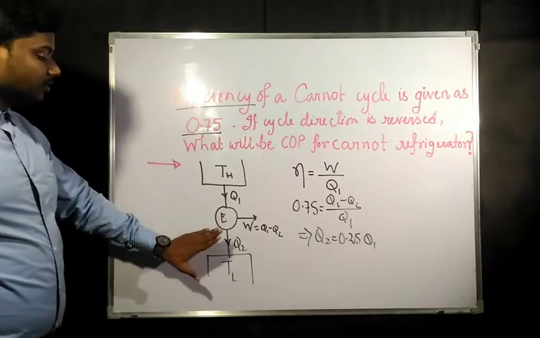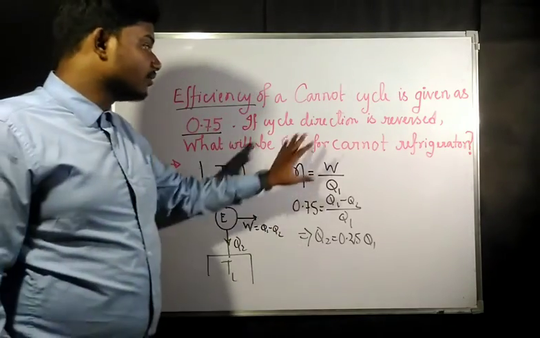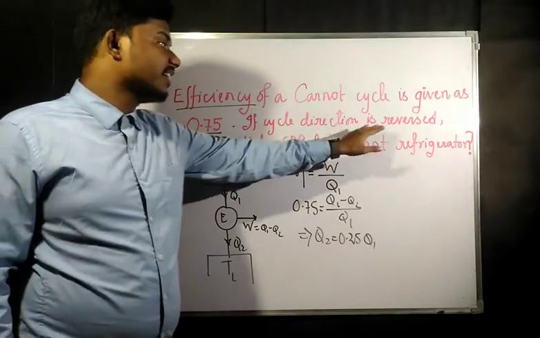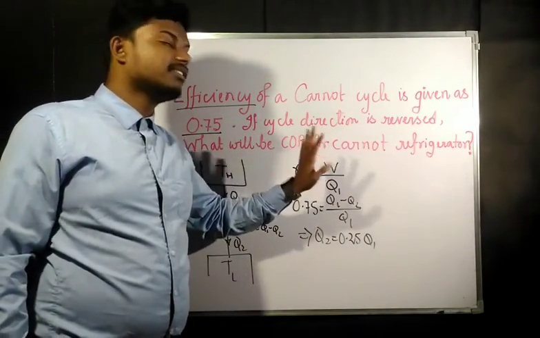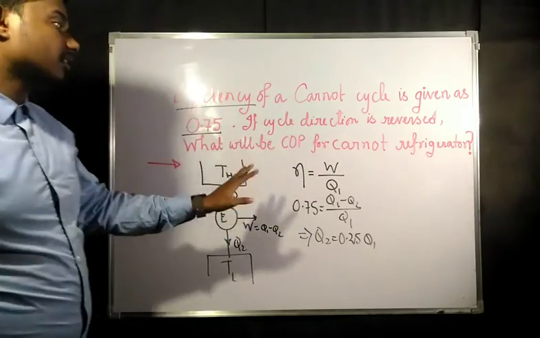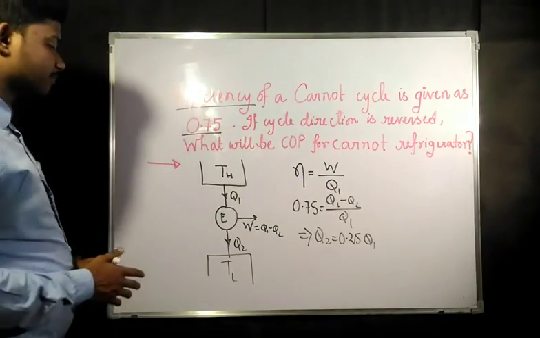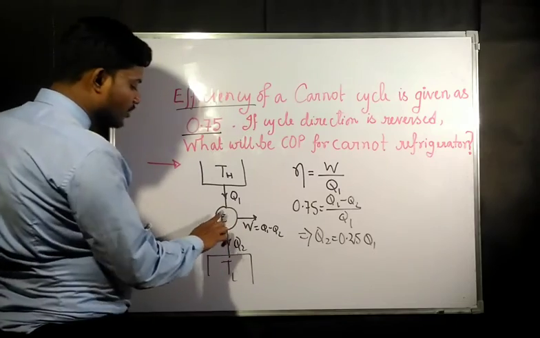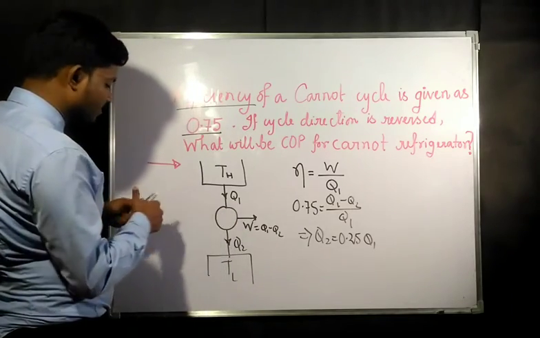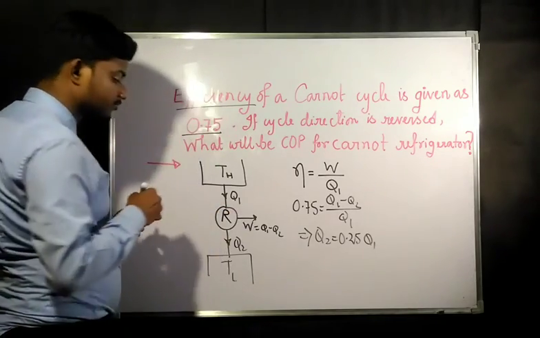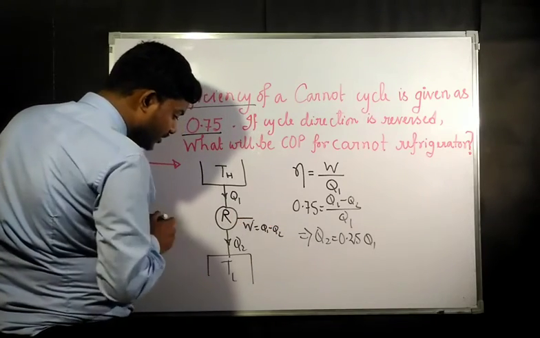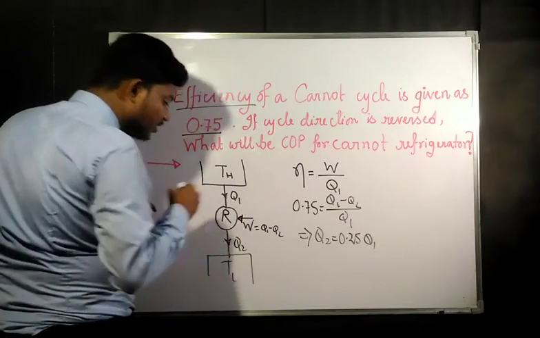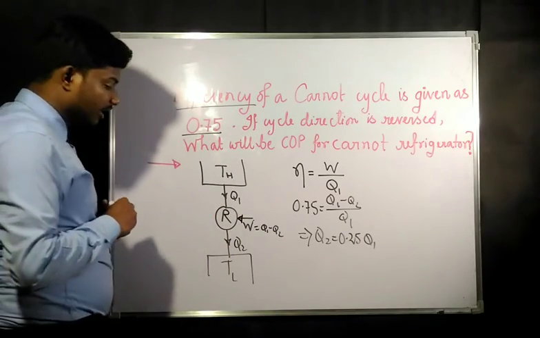Okay, now this is the condition given. Now they have said that if the cycle direction is reversed, then what is going to be the COP of the Carnot refrigerator? Cycle direction reversed means we need to turn this engine into a refrigerator, and for refrigeration we need to give work to the engine.